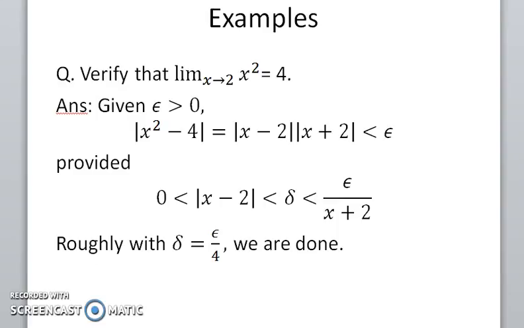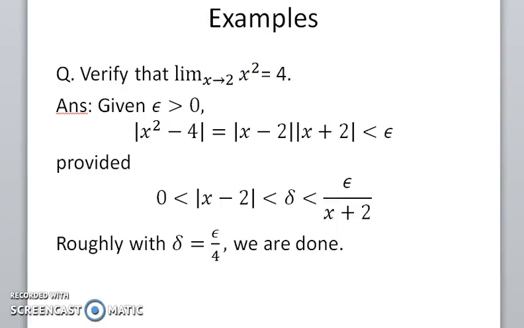So let's say some positive epsilon is given to us. Our task is to show that modulus of x square minus 4, that means the distance between x square and 4, should be less than epsilon. In other words, we want that mod of x minus 2 times mod of x plus 2 should be less than epsilon.